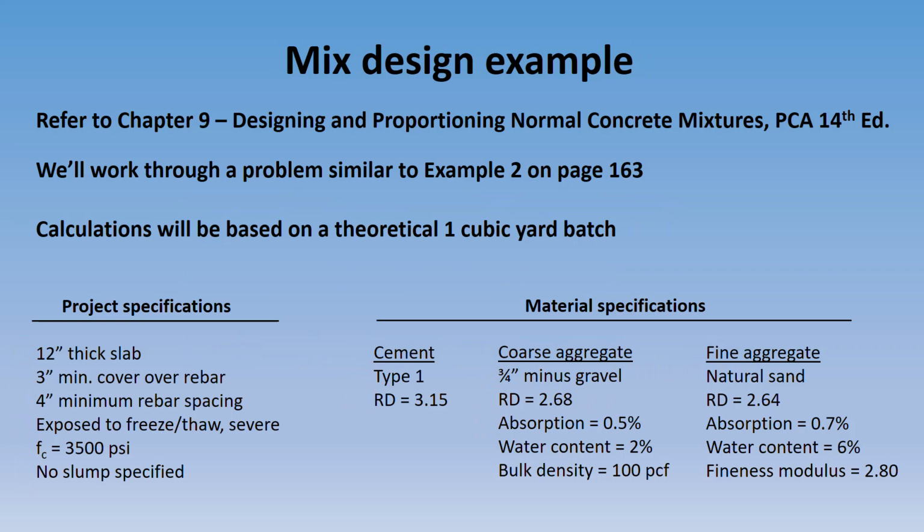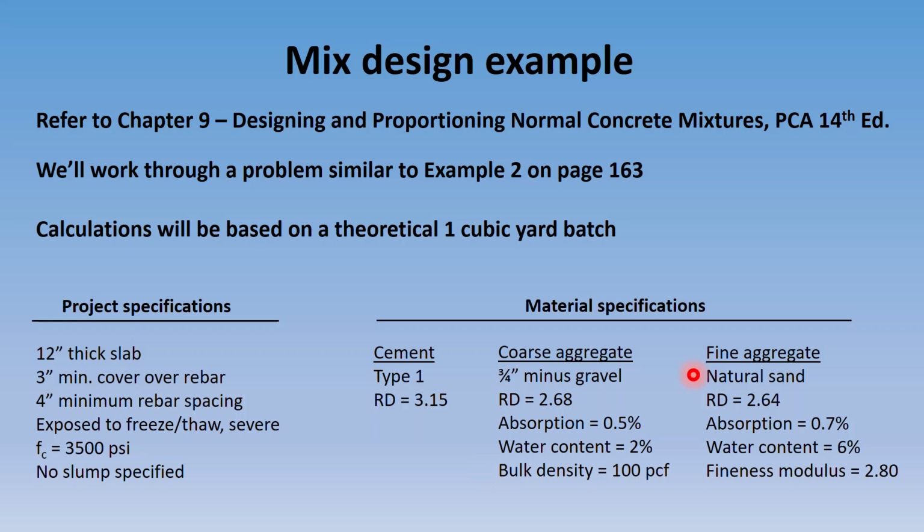It has an absorption of 0.5%, which, remember, that just means that's the moisture content when it's in its SSD condition. It's outside and exposed to the elements, and it currently has a water content of 2%, and its bulk density is 100 pounds per cubic foot. So that means if you poured this coarse aggregate into a cubic foot bucket, it would weigh about 100 pounds.